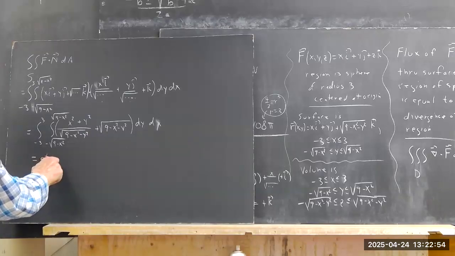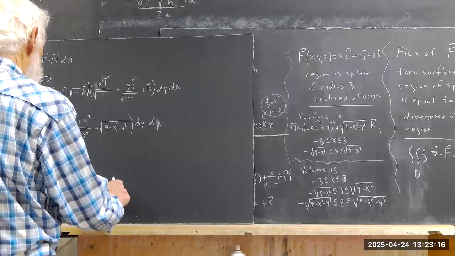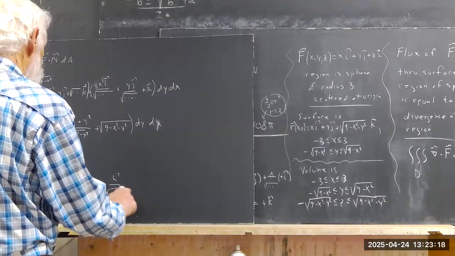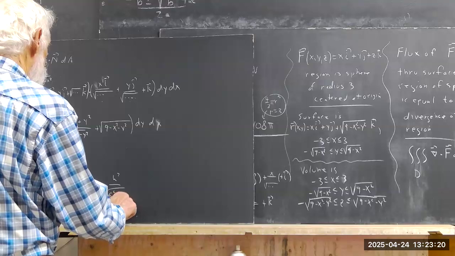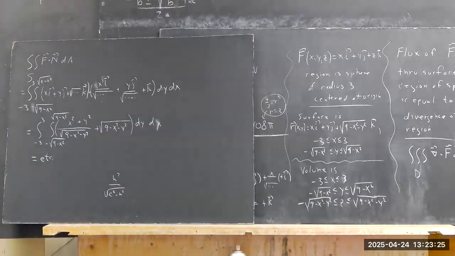I'm not going to go through the rest of this because this is a little bit of a tricky integral. It's just analogous to integrating something like u squared over the square root of a squared minus u squared. Okay, yeah, hang on.